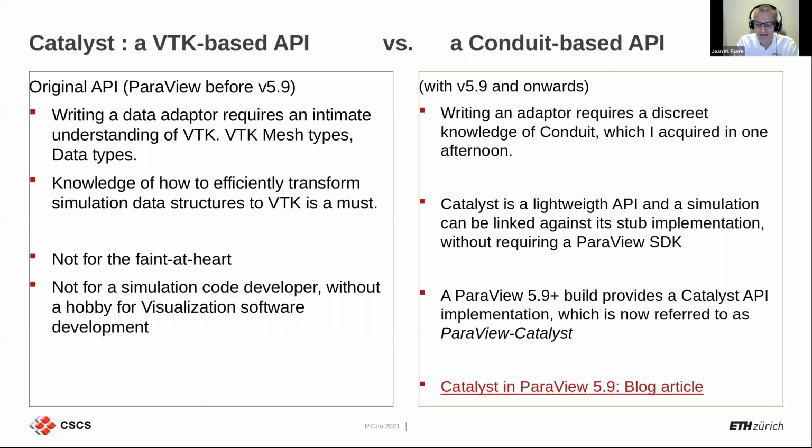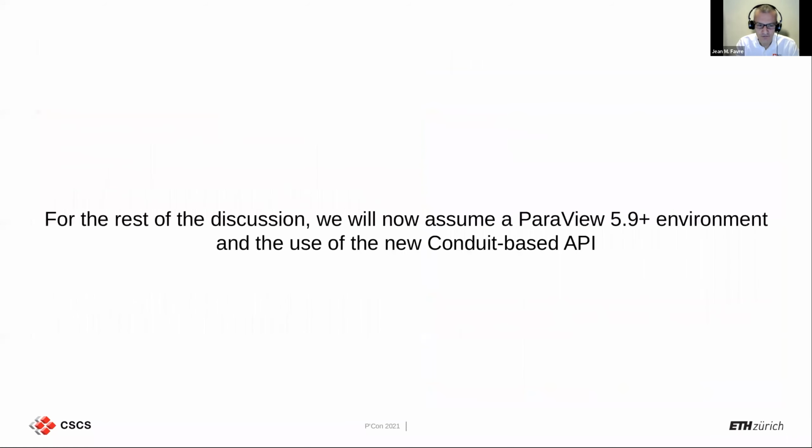So this is what I'm going to give more details about. In ParaView 5.9, the Catalyst API will use Conduit for the data description of a simulation code. So for the rest of the discussion this morning, I will assume ParaView 5.9 plus and the Conduit-based API. And you will be surprised at how easy it is to interface simulation code to Catalyst.